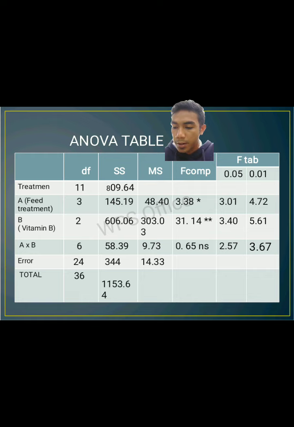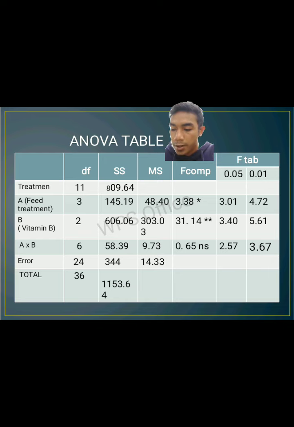A times B. Degrees of freedom is equals to 6. Sum of square is equals to 58.39. Mean square is equals to 9.73. F computed value is equals to 0.65 ns. F tab at 0.05 is equals to 2.57. And 0.01 is equals to 3.67.